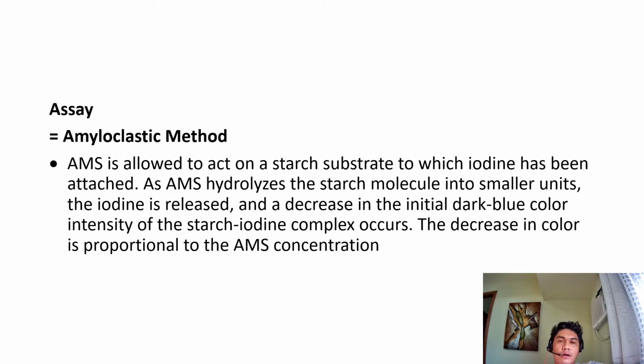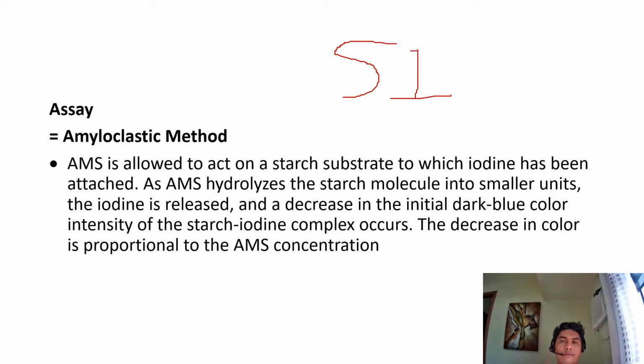The decrease in color is proportional to the AMS concentration. Now, the substrate that we're going to use is starch complexed to iodine. The color of this complex between starch and iodine is dark blue.